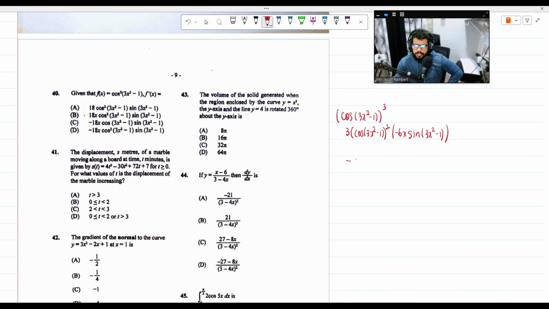Multiplying the 6 and the 3, we get minus 18x, cosine squared of the angle and sine of the angle. So minus 18 cosine squared, D.